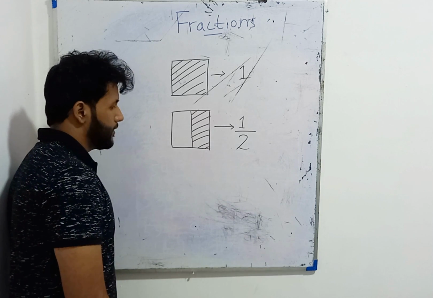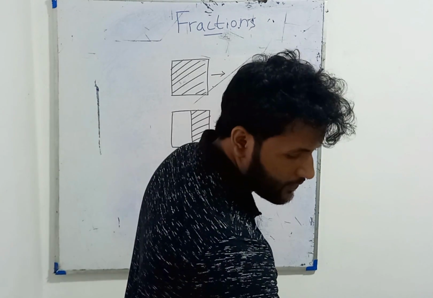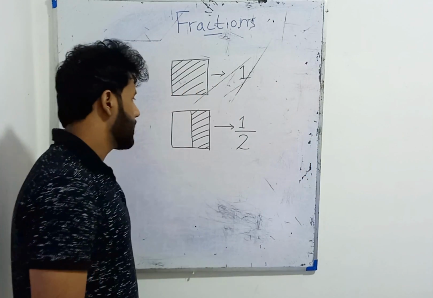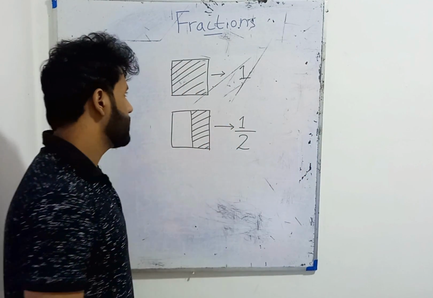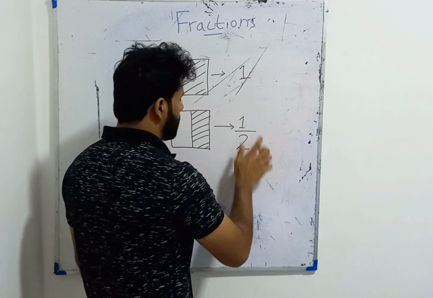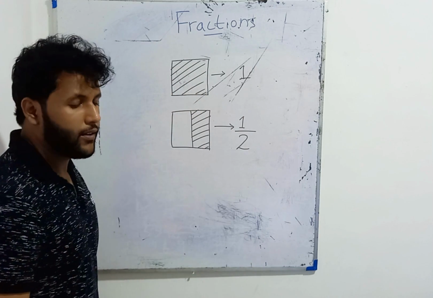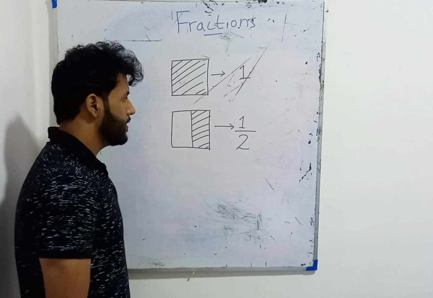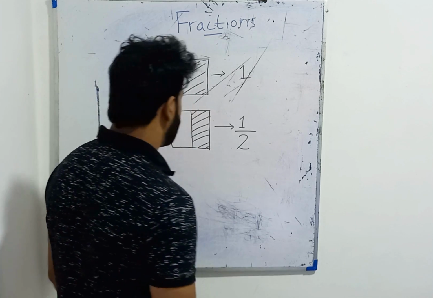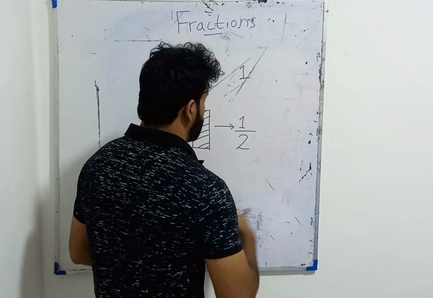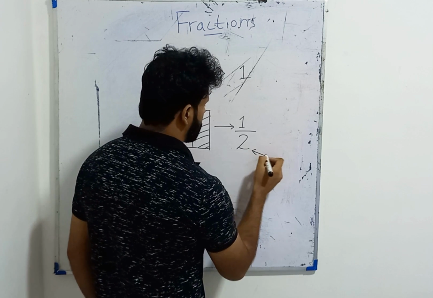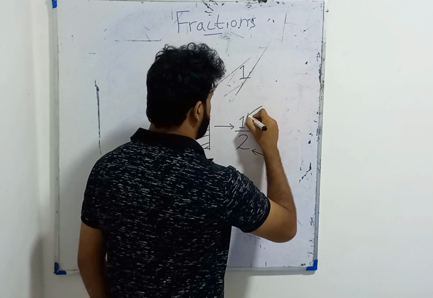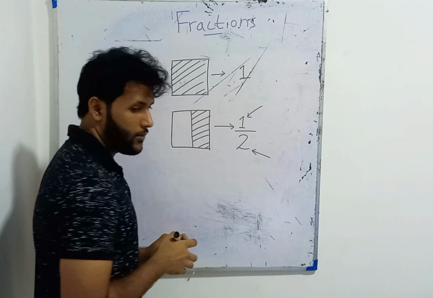Then let's go to the components of fractions. Components means we can divide: there's an upper side as well as a lower side. The lower side we call the denominator, and the upper side we call the numerator.